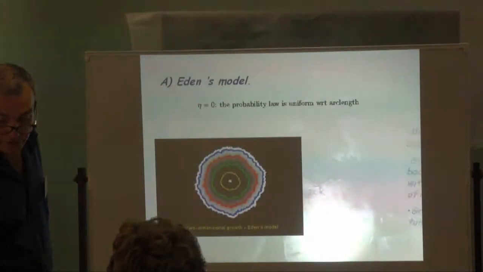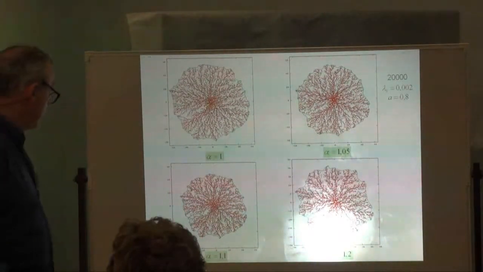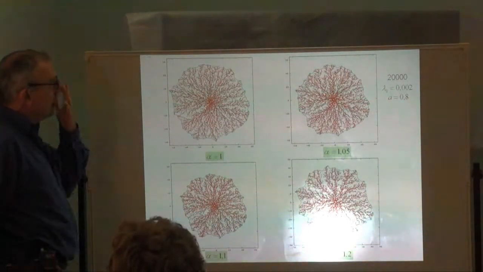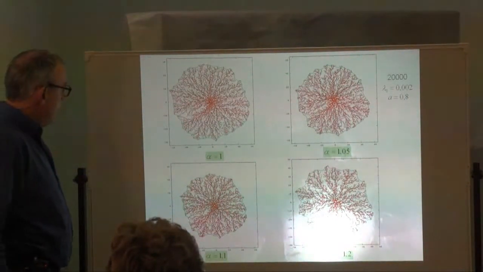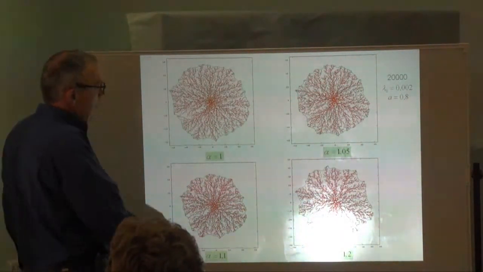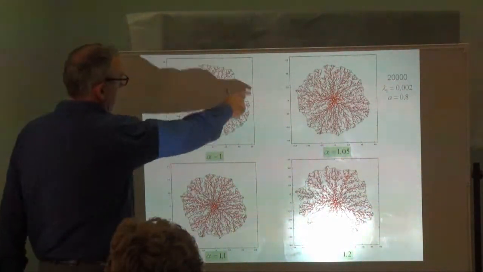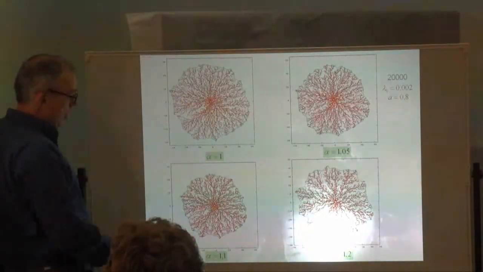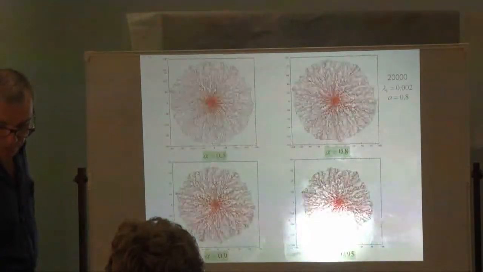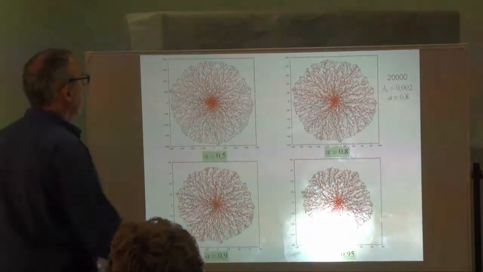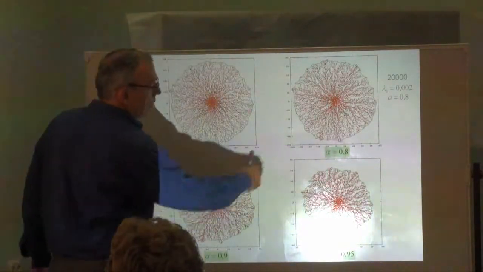I have other pictures which were given by students in École Polytechnique. They have simulated Hastings-Levitov here, and you can see here that for alpha greater than 1. So you see that for alpha equal 1, the cluster is rather round. For alpha greater than 1 it is not round anymore.